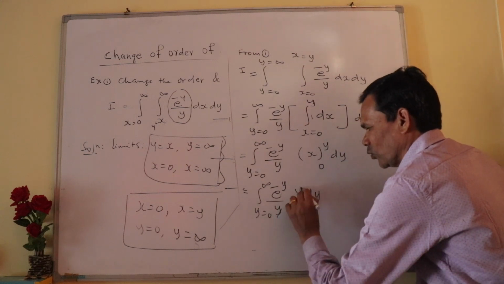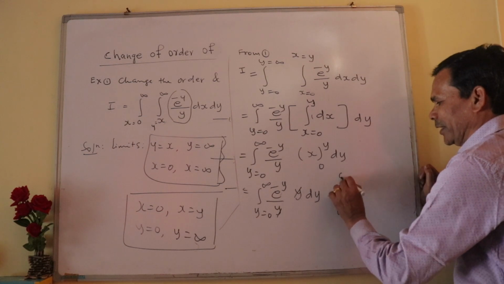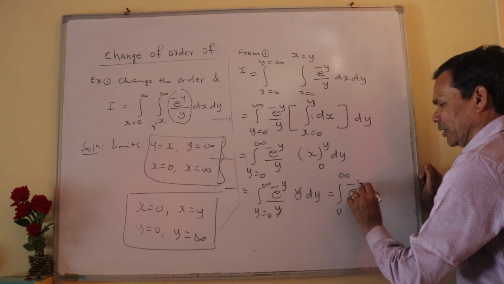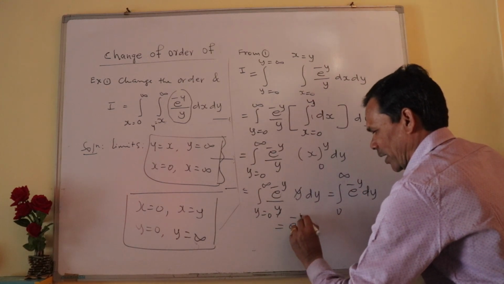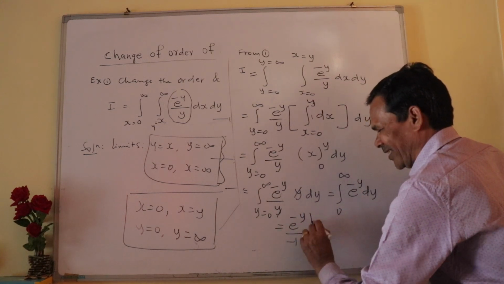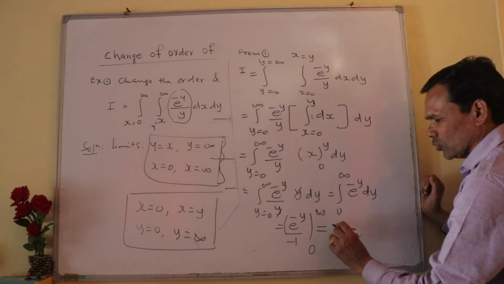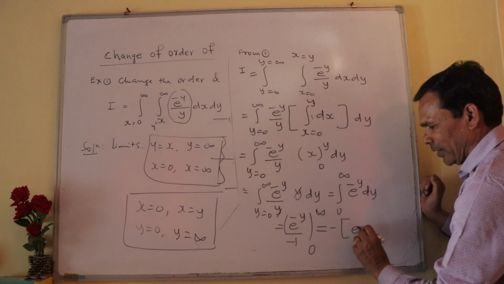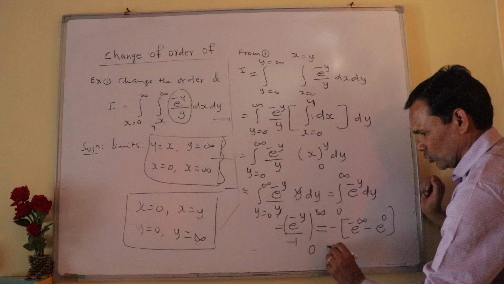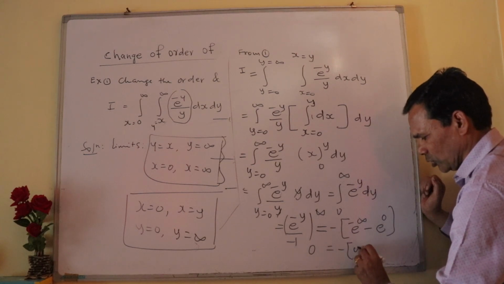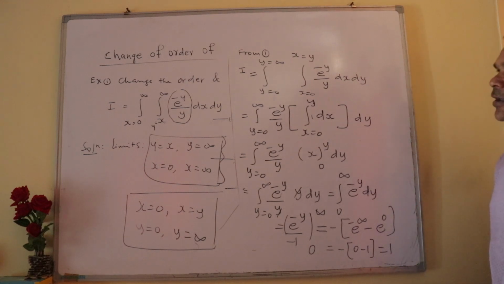The y gets cancelled, and we integrate 0 to infinity e raised to minus y dy, which is e raised to minus y divided by minus 1, with limits 0 to infinity. Applying the limits, minus, e raised to minus infinity, which is 0, minus e raised to 0, which is 1. So the value of this integral is 1.